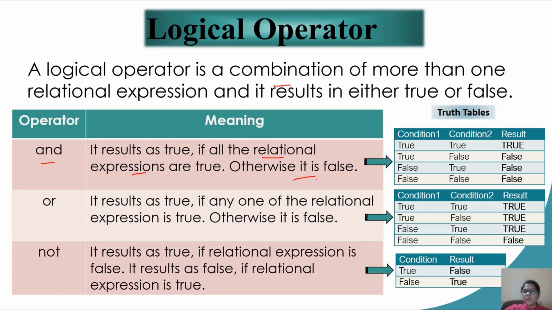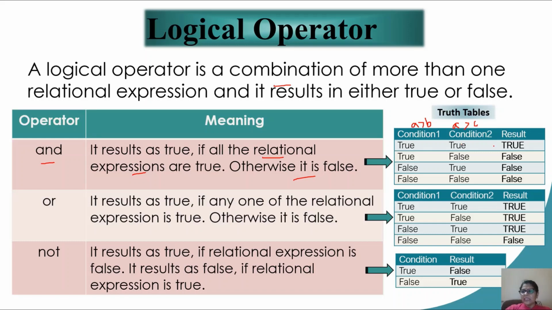Let us understand this with the truth table. Let us say I have condition 1 and then I have the second condition. Let's take an example. Condition 1, let's say a > b, and condition 2, let us say a > c. These are my variables a, b and c. So when my first condition is true as well as the second condition is true, I am talking about the AND operator, children.